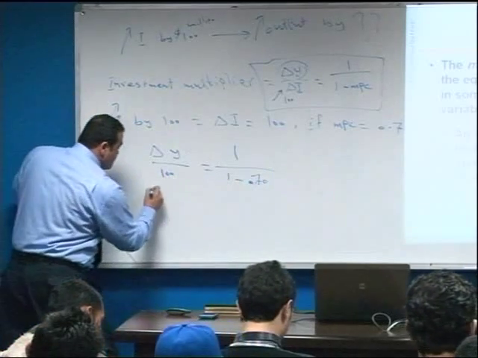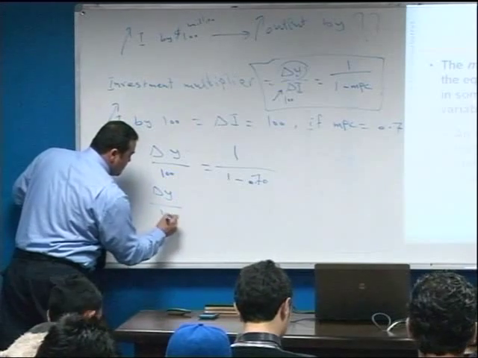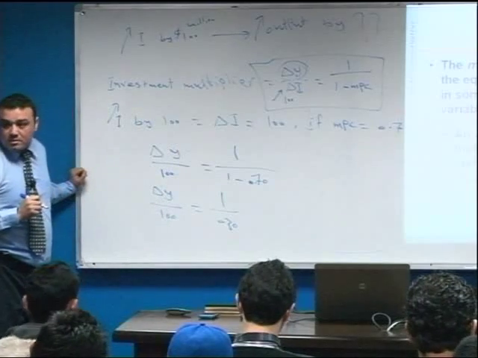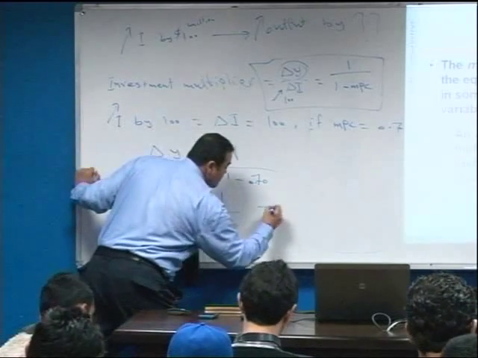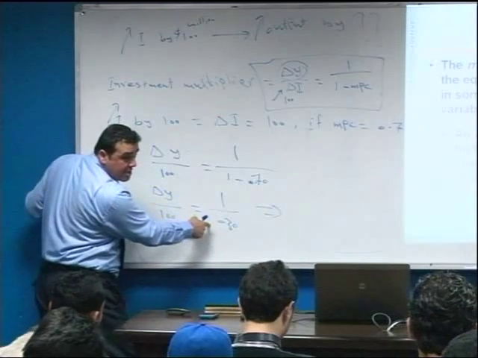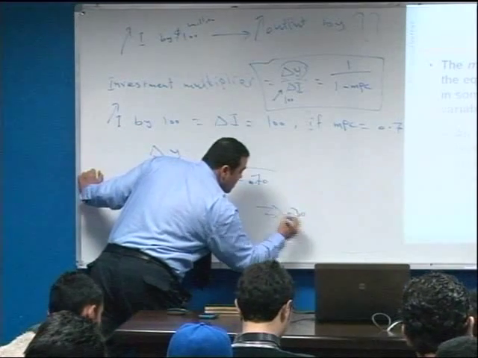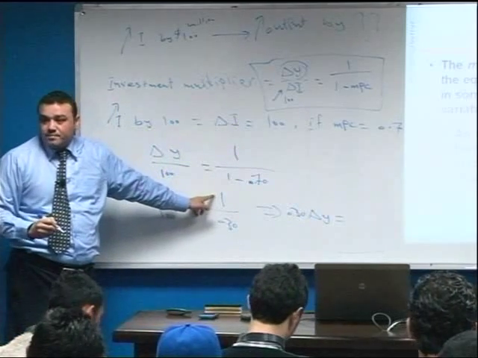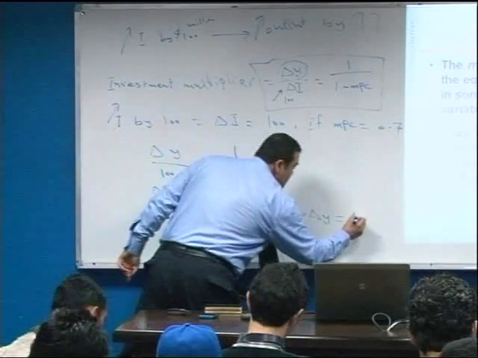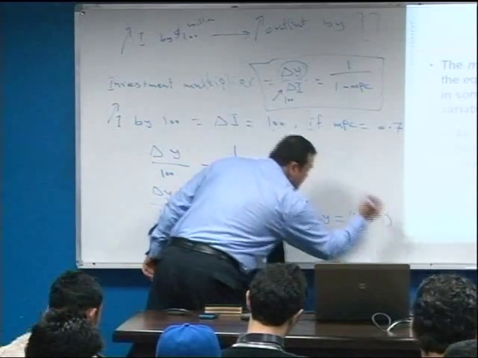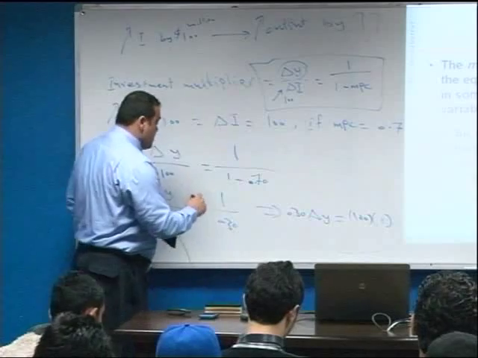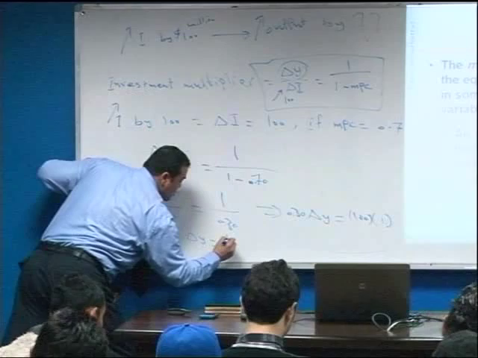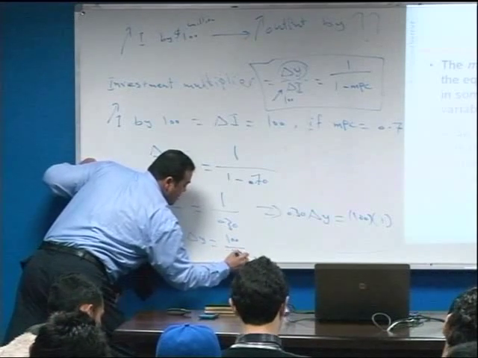So delta Y over 100 equals 1 over 0.30. Right? So delta Y times 0.30, delta Y equals 100 times 1. صح؟ 100 times 1 over 0.30.